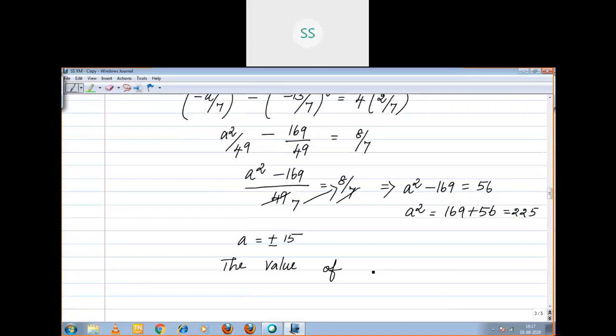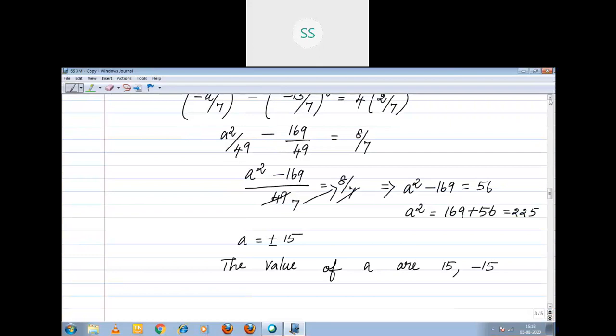The value of A is 15, minus 15. Both the values are accepted, right children? Both the values are accepted. A equal to plus or minus 15. Now, here alone I will explain again.